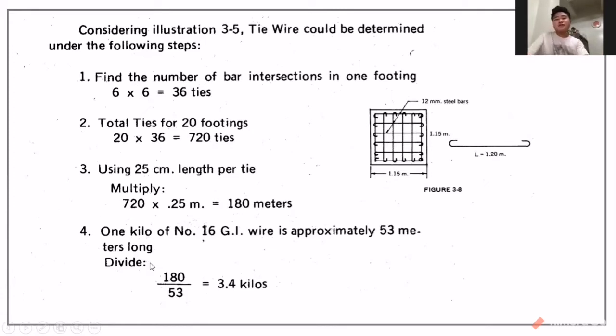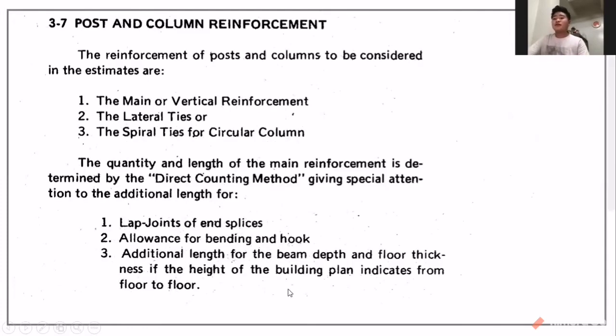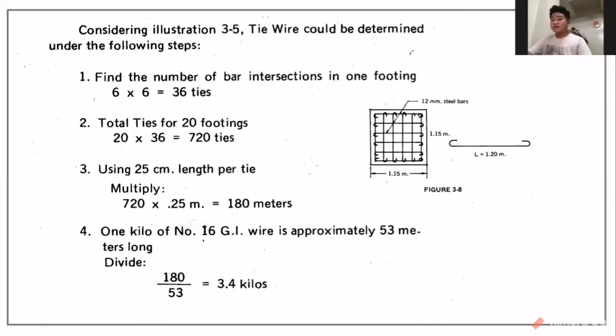So we'll just divide the 180 meters by 53. So we need 3.4 kilos. So these 3.4 kilos are the tie wires we need to use for the 20 footings.